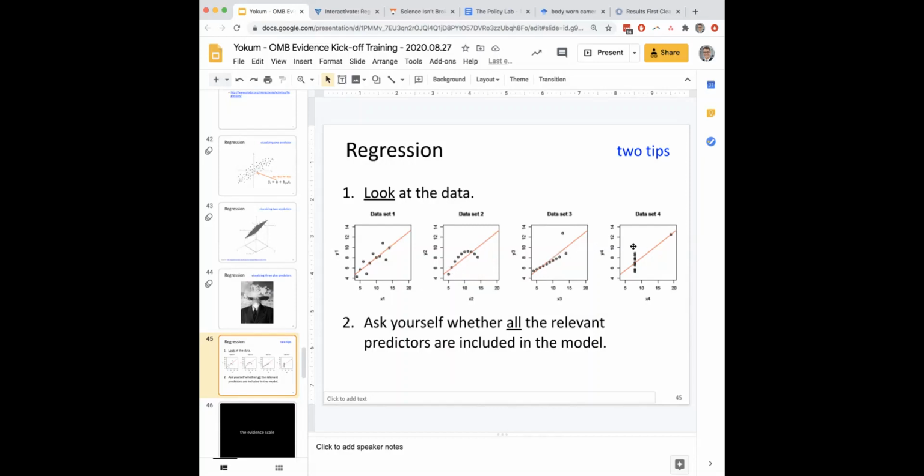Or you could have something like the far right data set, where the vast majority of people have the same value around that 7 point, but there's one big outlier that still weights the direction of that line in a way that looks very much the same. This is the kind of thing that if you were just to look at a big table of coefficients, you would never pick up. But if you actually just look at the data, you could pick it up.